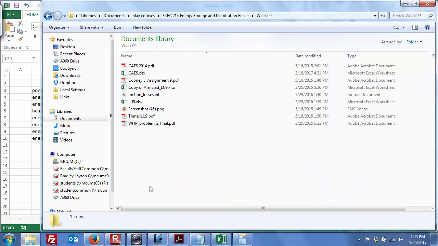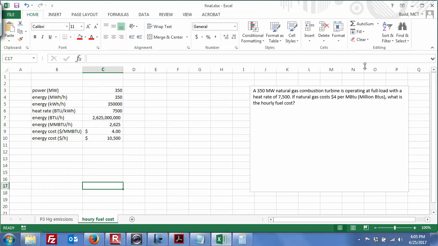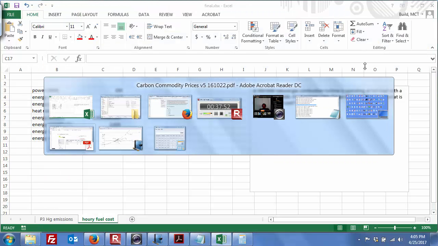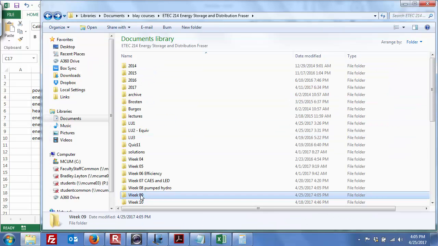Okay, here's week 9. I don't think there's anything in here. This is our heat rate. This is week 9. That's the big problem I was having when I was looking through all my stuff.